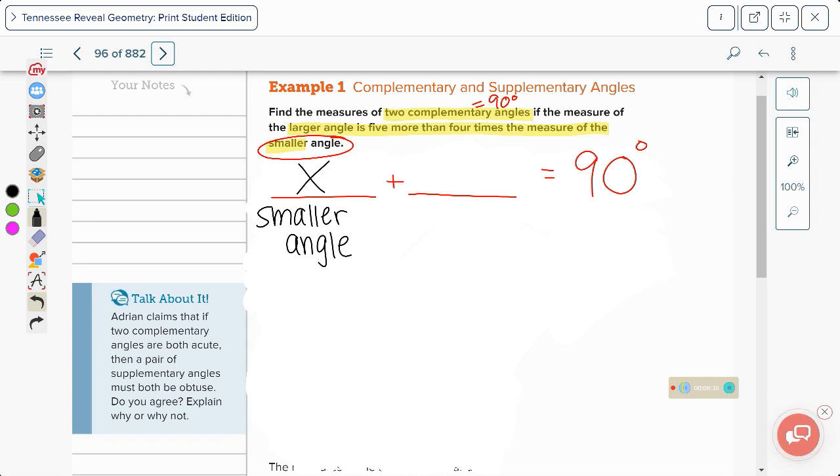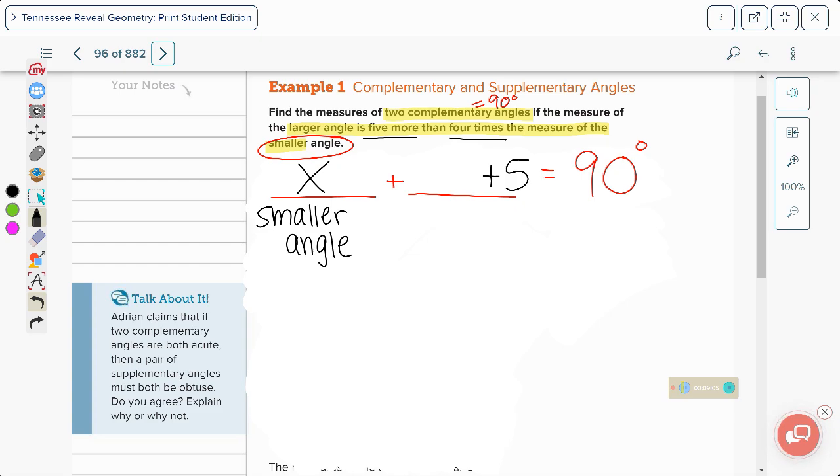Now, we can think about how we might represent the larger angle. If the smaller is x, the larger is 5 more than 4 times the smaller, okay? 5 more. That word more, that's going to mean addition. So a plus 5 is going to have to be somewhere in that expression, okay? 4 times the measure of the smaller.